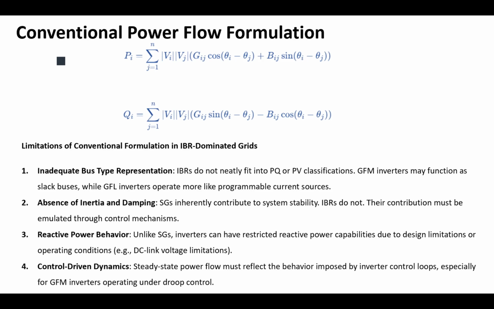Now, what would happen? How would those characteristics of the inverter-based resources that we talked about affect the variables in these two equations? These equations were created by the conventional model of the power system, so they are suitable for rotary machines, but what about the inverters?